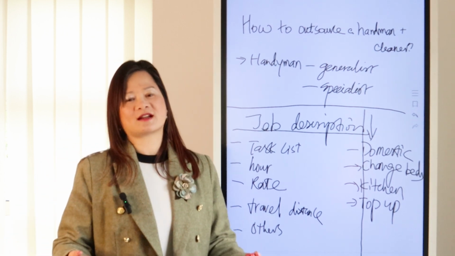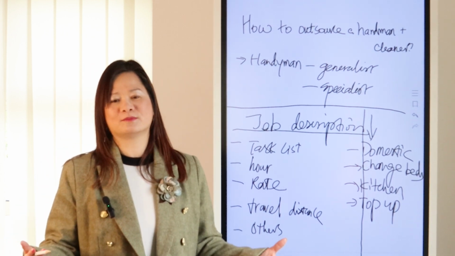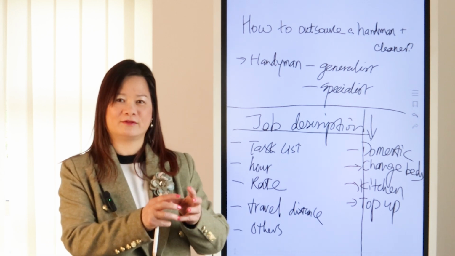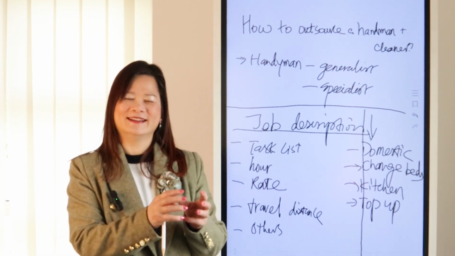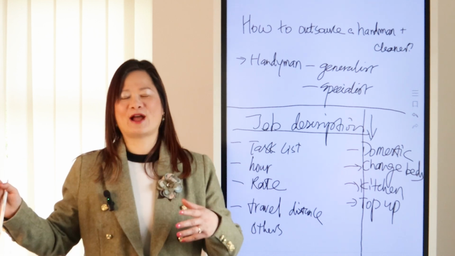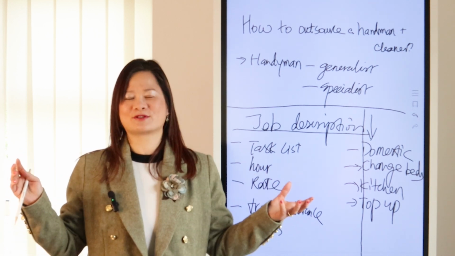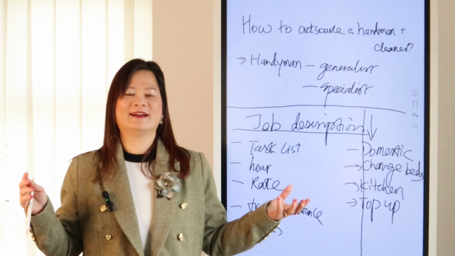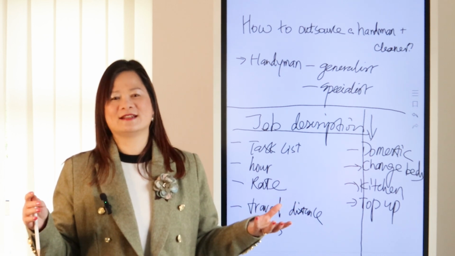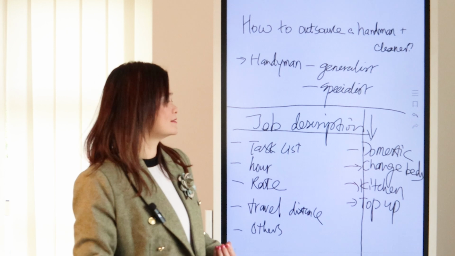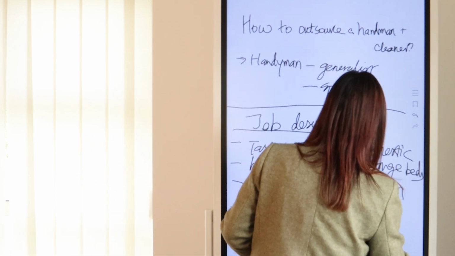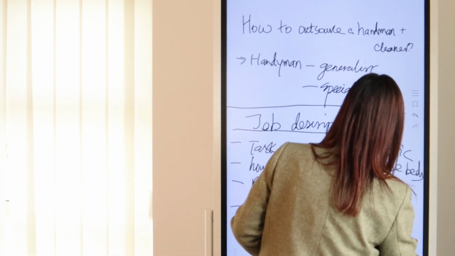You will need to give instructions about the number of toilet rolls you need them to leave. Otherwise, they leave that teeny bit, two or three left, and then guests arrive and complain, oh, you don't even give me enough toilet roll. We have to buy our own, which is a bad review straight away. So you need certain instructions.